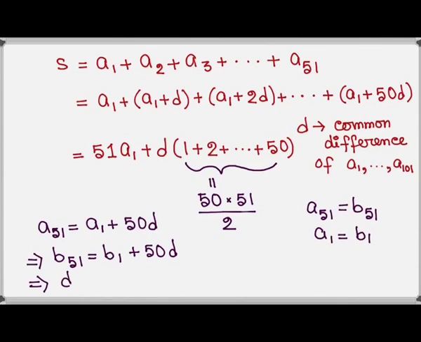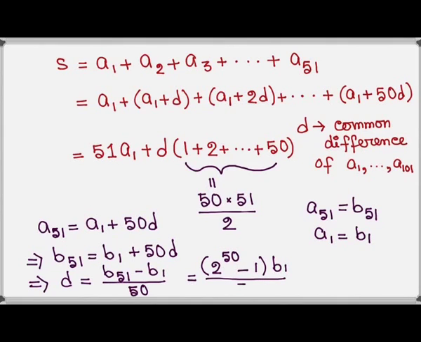So d is equal to b51 minus b1 divided by 50. Now we know that b51 is equal to 2 to the power 50 into b1. So we are getting d is equal to 2 to the power 50 minus 1 into b1 divided by 50.